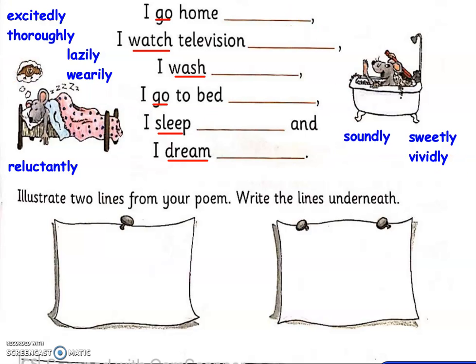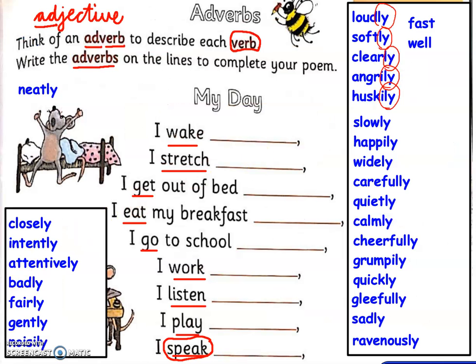So I'd like you to look through those adverbs, and if you have any extras of your own, I'd like you to put them into the variety of lines throughout this poem. And I would like if you didn't repeat any of the adverbs. So don't say I wake slowly, I stretch slowly, I get out of bed slowly, I eat my breakfast slowly.